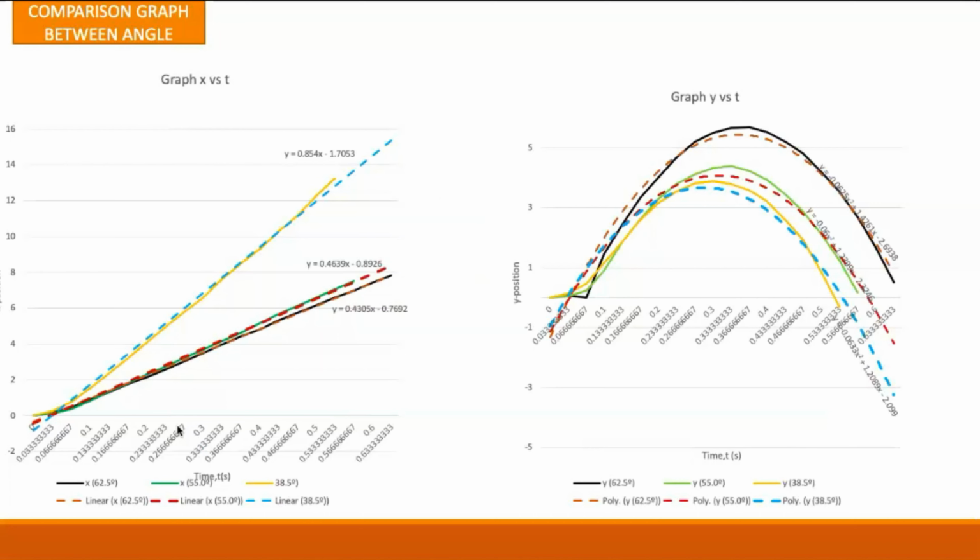Okay, and also you can see beside it the graph for y over t, with a different equation again because it is a polynomial. For example, y equals negative 0.0625x squared plus 1.4621x plus 2.938.